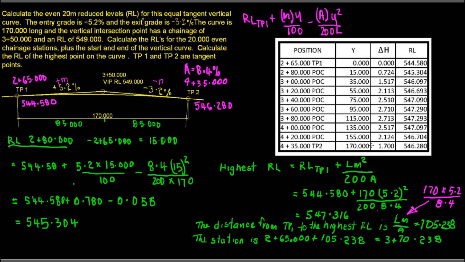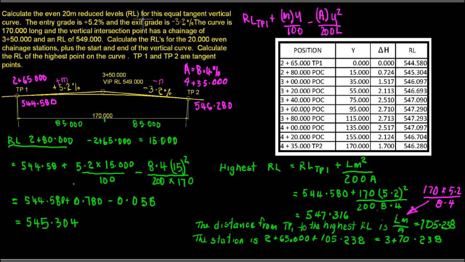The distance from TP1 to the highest RL is given by the formula LM over A, which comes out to be 105.238. So the station is 2 plus 65 plus 105.238, which is 3 plus 70.238. So the high point is between these two values, and then it starts to drop away down here as well. So there's where our highest value is.